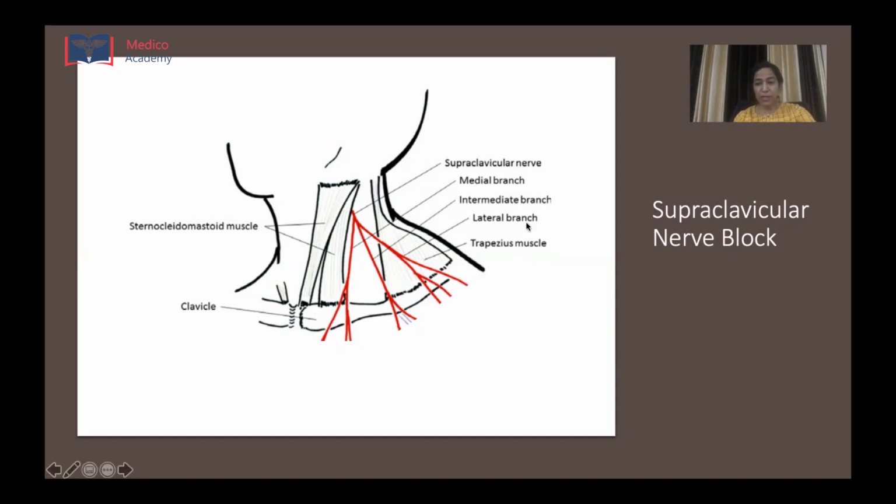So supraclavicular nerve block should also be performed alongside, because unless we do this, the upper part of the chest will be missed out on. So these are the supraclavicular nerves, and all we need to do is just do a subcutaneous injection underneath the clavicle to block the supraclavicular nerves. So basically, it's a field block.